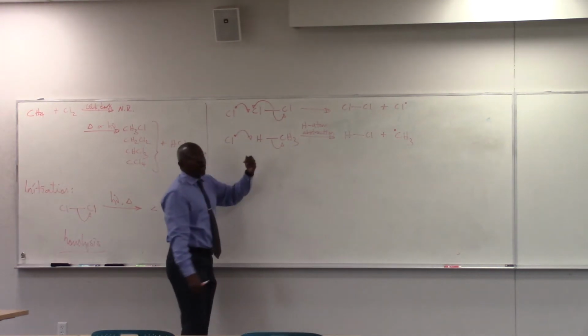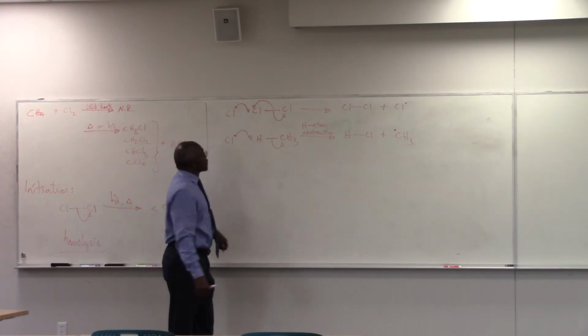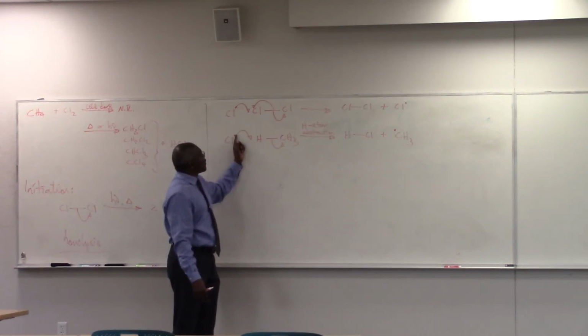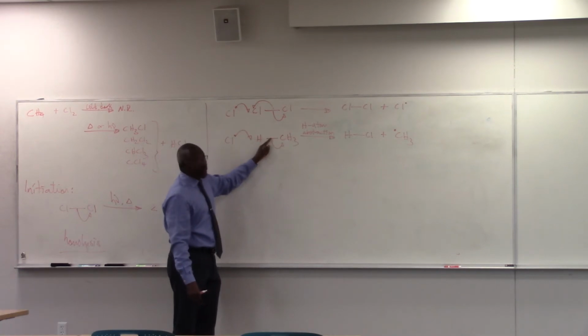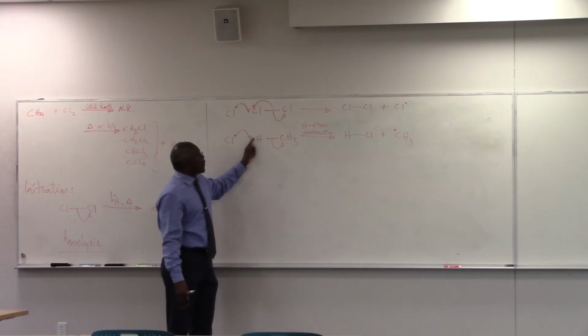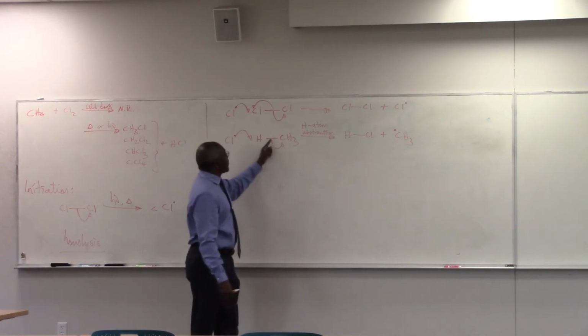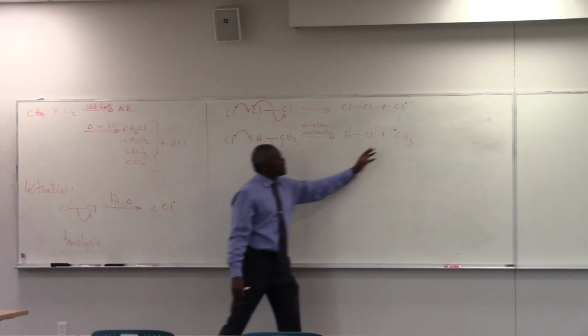And it's not wrong to show this, it's just not necessary. So in the same way, this Cl dot attacks this H. One of these electrons, the one that H invested in the bond, comes here to pair with the Cl's electron to give HCl, and the other electron goes back on the C to give CH3 dot.